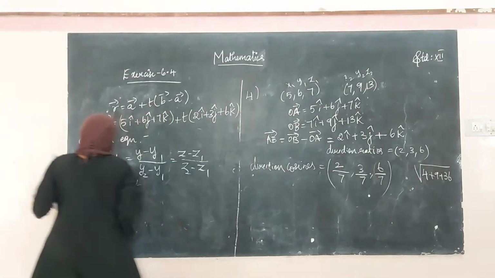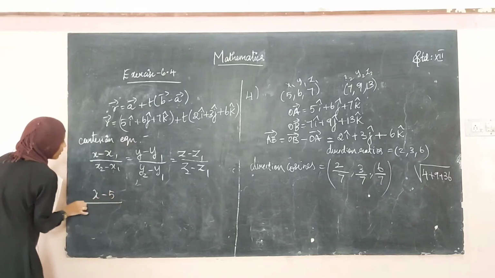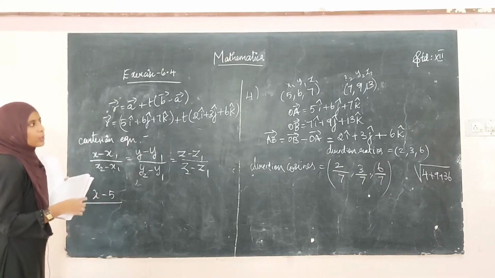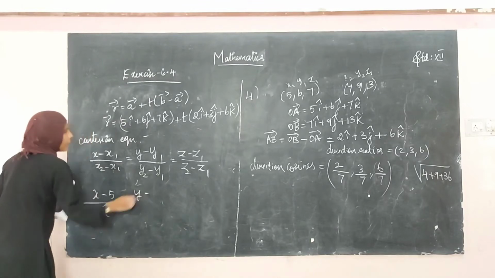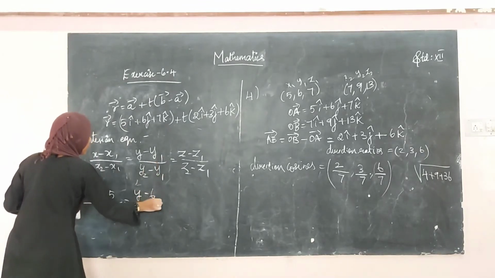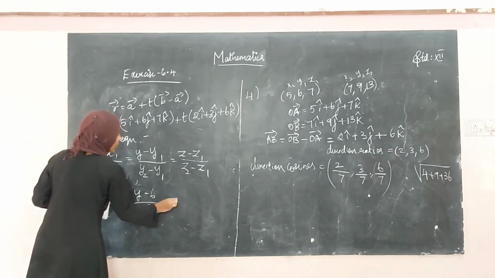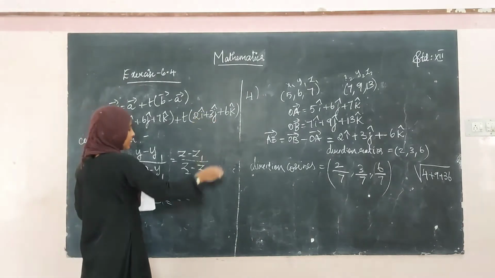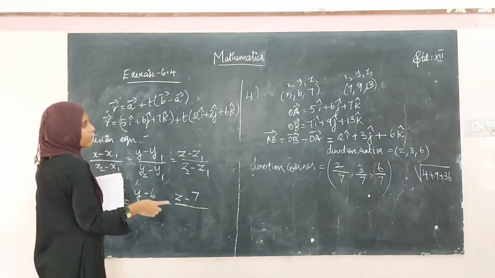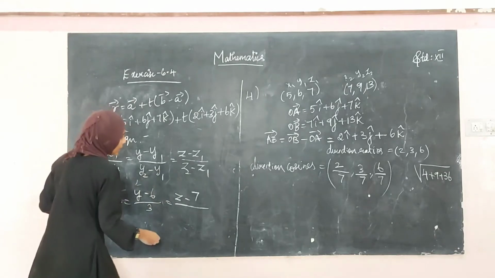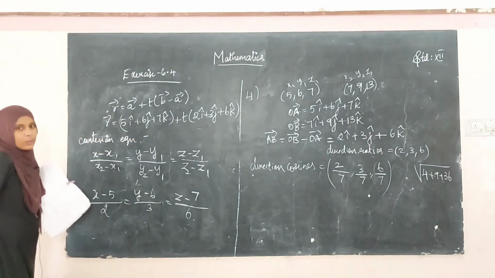Substitute it here. x minus, what is x1? 5, divided by x2 minus x1, which is 7 minus 5 is 2, equal to y minus 6 divided by y2 minus y1, 9 minus 6 is 3, equal to z minus, what is the value of z1? z1 is 7, divided by z2 minus z1, 13 minus 7 is 6. So this is the required Cartesian equation.